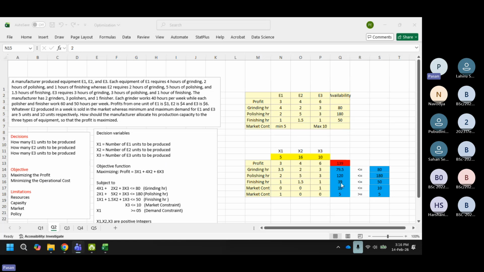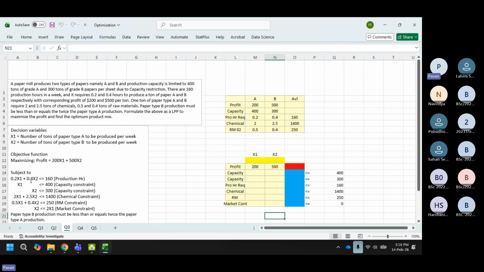So as your final conclusion, what you have to say is that our maximum profit is 139 here, right? And for production, from E1 produce 5 items, E2 produce 16 items, and E3 produce 10 items. So that should be the combination that we are looking at. Okay, so that is this example.